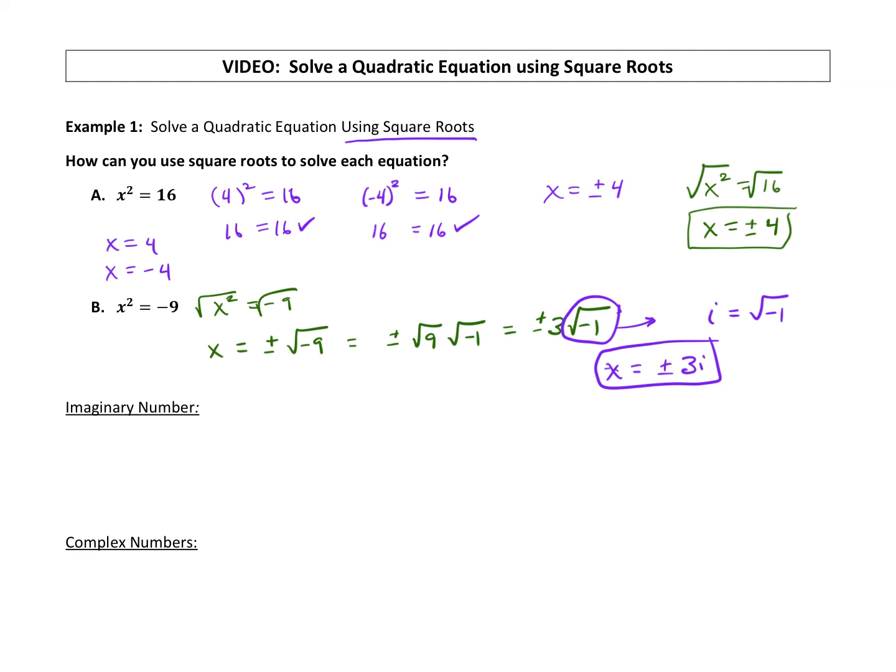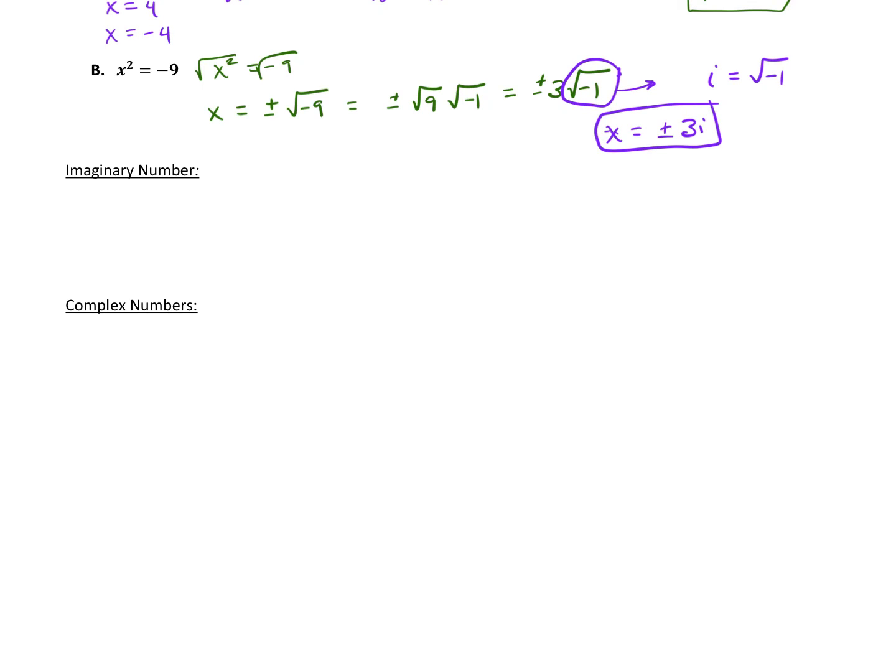So I'm going to write in the definition of complex numbers first, and then I'll fill in the definition of imaginary number.